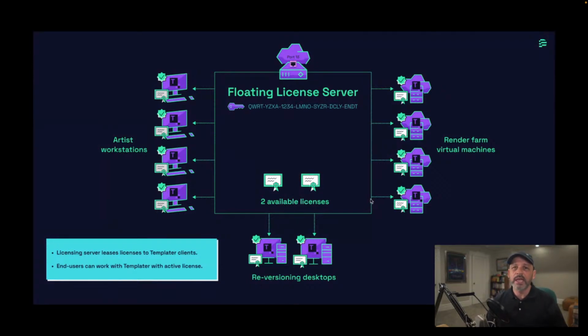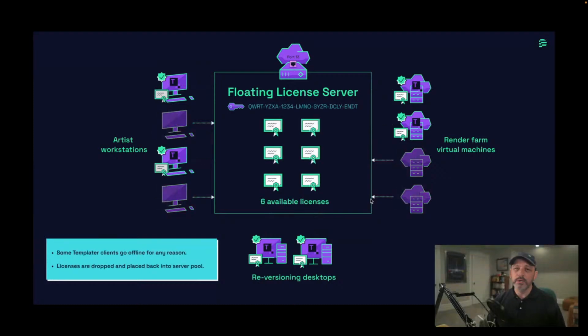It's all handled in the background, and the floating licensing server knows when a machine goes down. When that happens, the license that it once had is put back into the pool, making it available for any other machine that comes onto the scene or gets added to the environment.